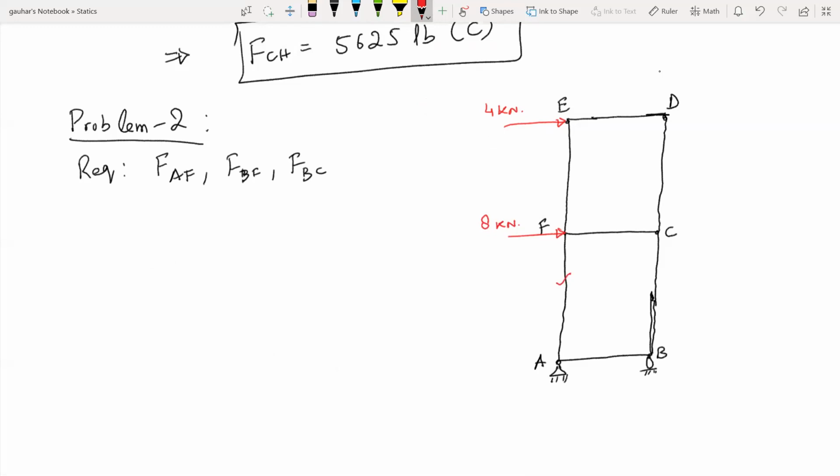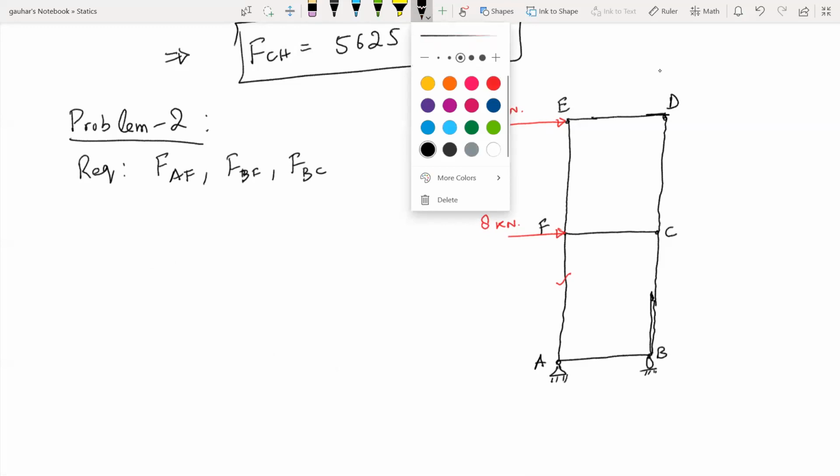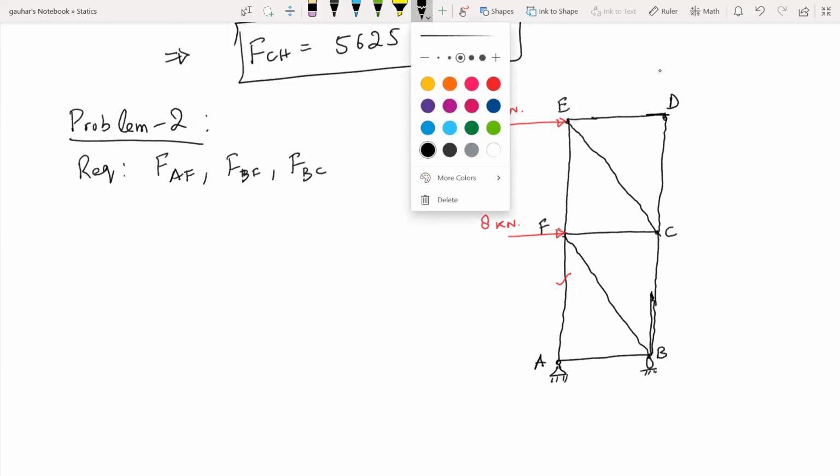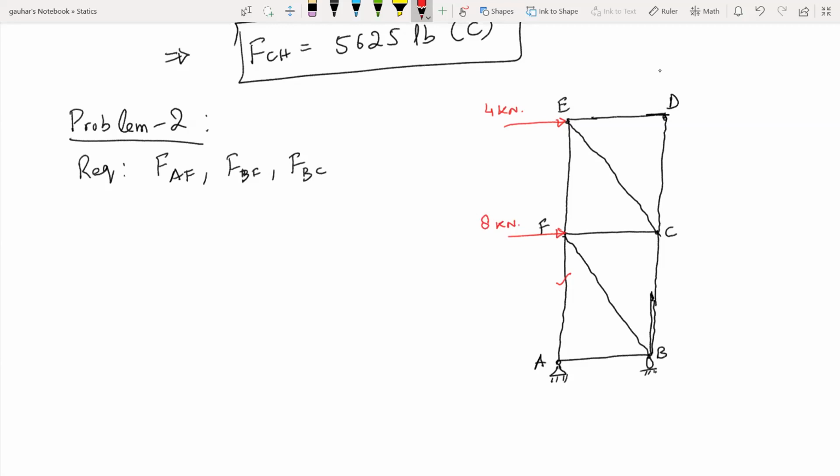Oh, I forgot to draw this member. Okay, so we have this member and this member, right? So we need member forces in these three members.